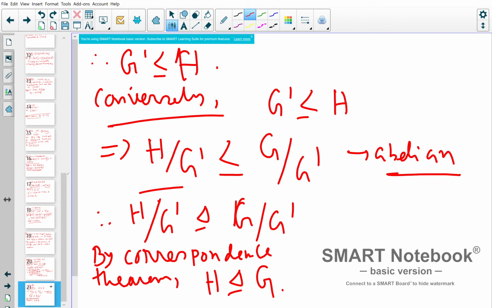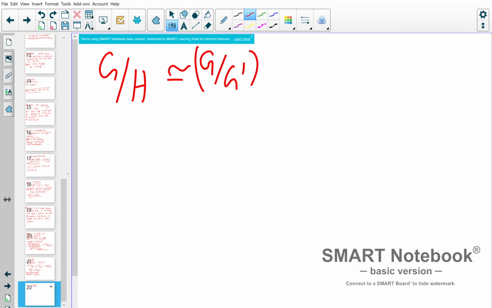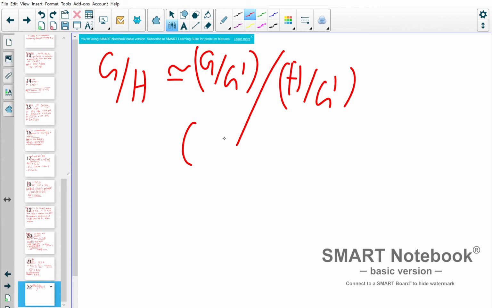Now how to prove G mod H is abelian? So what is G mod H? Now use the third isomorphism theorem, which tells you that G mod H is isomorphic to G mod G dash over H mod G dash, right? This is the third isomorphism theorem.